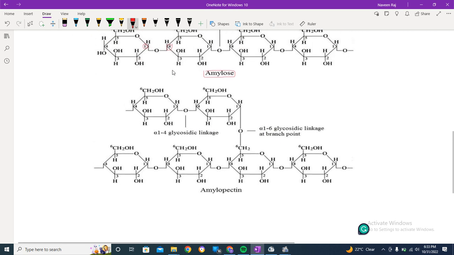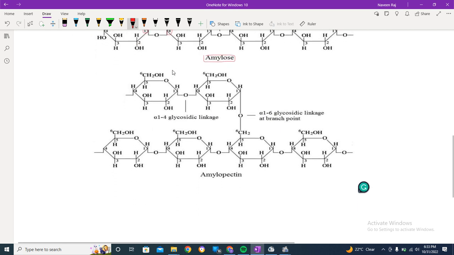If you talk about amylopectin, this is a bit confusing for you, so I'm removing it and mentioning something else to make it clearer, because this is not only amylopectin, it is the complete starch molecule.